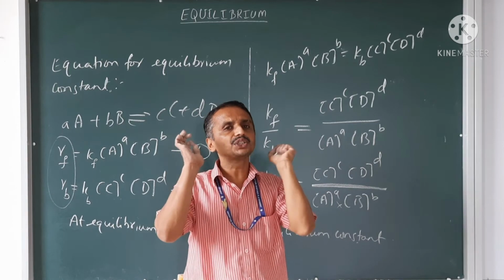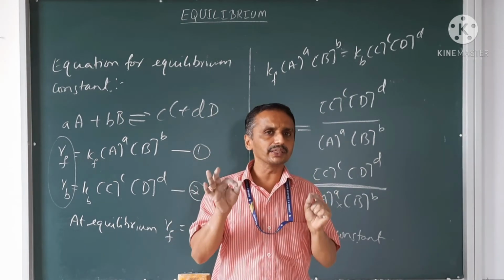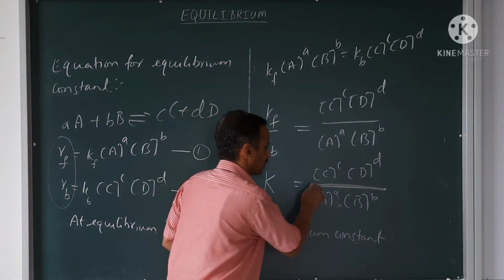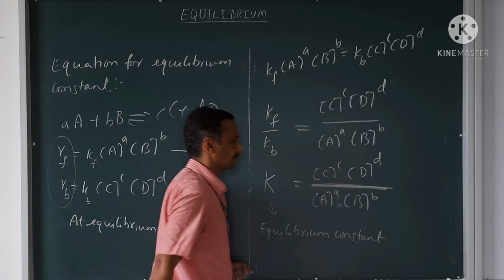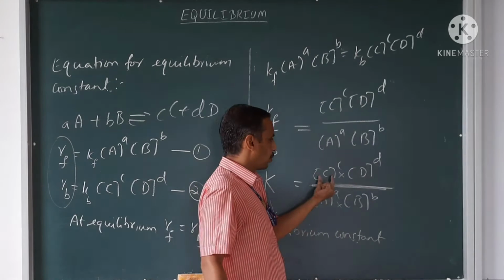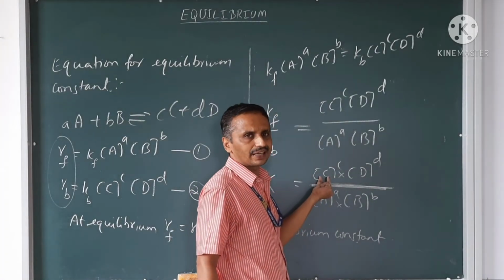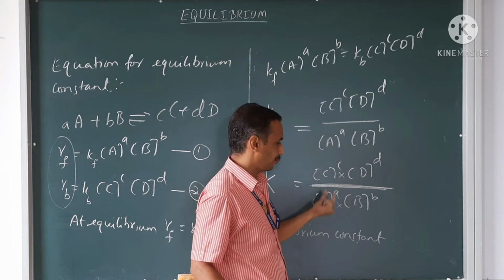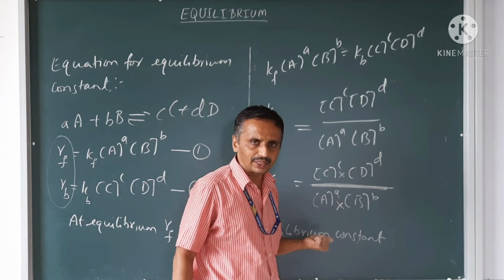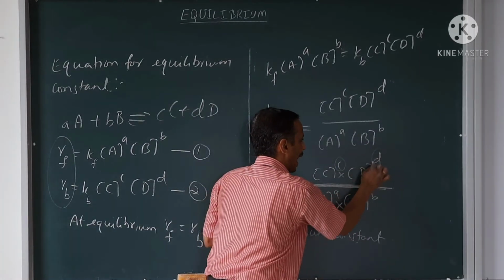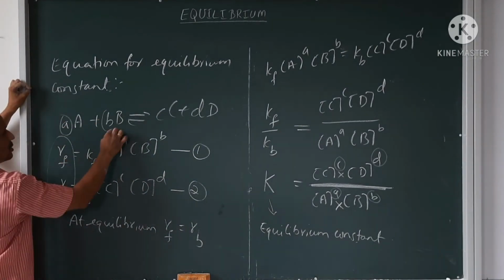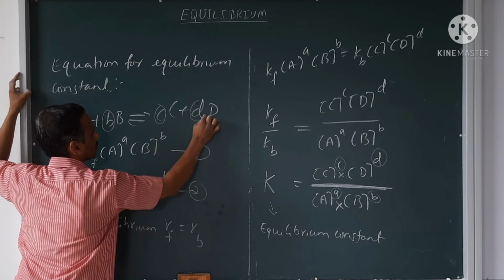The powers will be the stoichiometric coefficients given by the balanced equation only. So, equilibrium constant is the ratio of the product of molar concentrations of the products to the product of molar concentrations of the reactants raised to appropriate powers as given by the balanced equation.